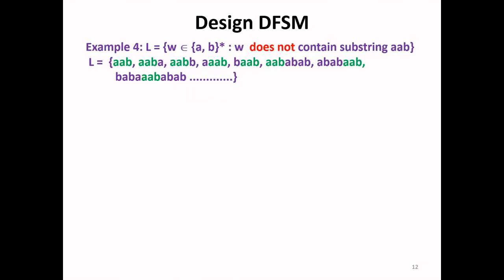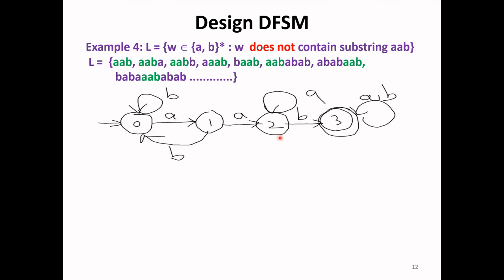Let us design one more DFSM for the language containing the strings that do not contain substring AAB. If you recollect, in the previous session on DFSM, we designed the DFSM for the language having substring AAB, a DFSM which accepts all those strings.